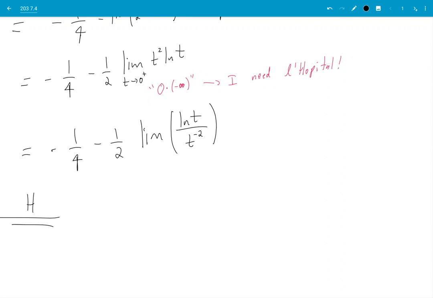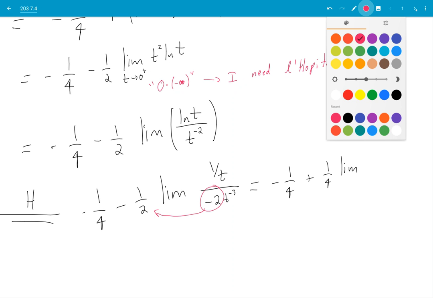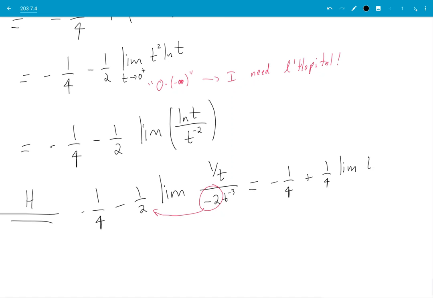And then you do your L'Hôpital. Minus a quarter, minus a half limit 1 over t, and I simplify all those t's, which gives me t squared.